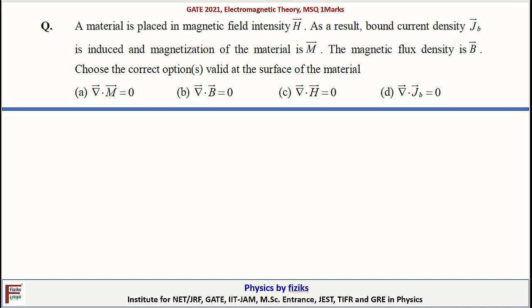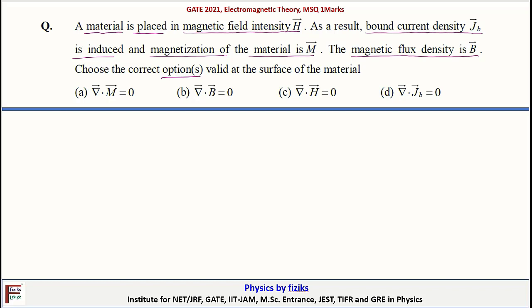In this question, it is given that a material is placed in a magnetic field intensity H. As a result, bound current density JB is induced and the magnetization of the material is M. The magnetic flux density is B. We have to choose the correct options valid at the surface of the material.